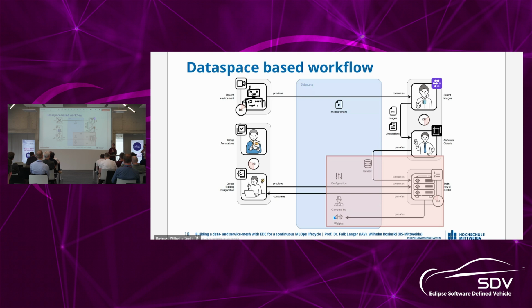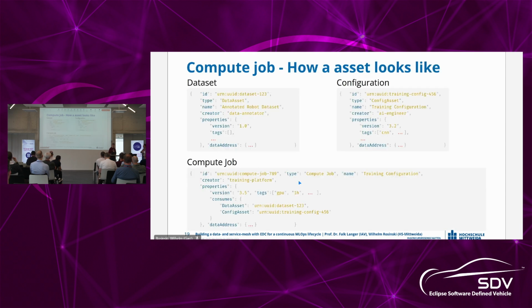And now I want to give you an insight about this little detail in the workflow. So how a compute job is described, just to give you an example how something like that can look. So for a compute job, we need a data set, so the data on which the training should happen, a configuration about the model, which AI model we want to use for the training, and the compute job, which is going to be consumed on the left side.